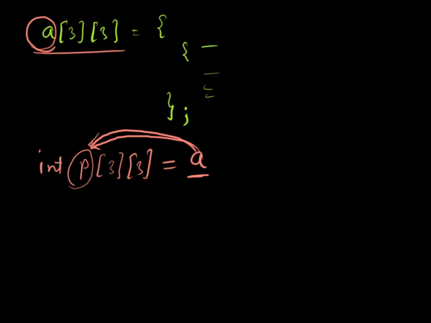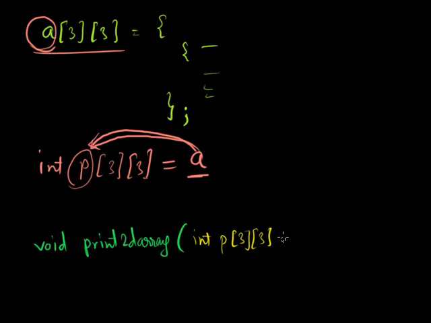So let us write our function, which we are soon going to write in our compiler. The name of our function is print2DArray. It returns void. It does not return anything. Void print2DArray, this is the name of our function. It accepts an integer array, let's name it p, which is a 3 by 3 array.